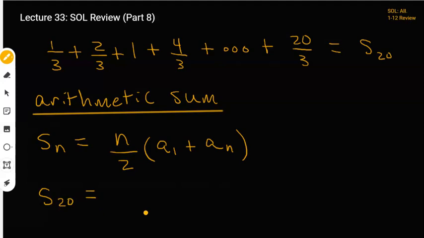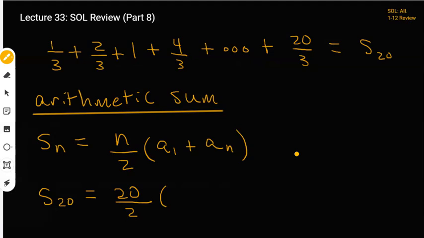So I'm going to let n be 20 and see what happens. The first thing I'm going to do is replace n with 20. And I get 20 over 2. And then the next thing that I need is A1 and An.